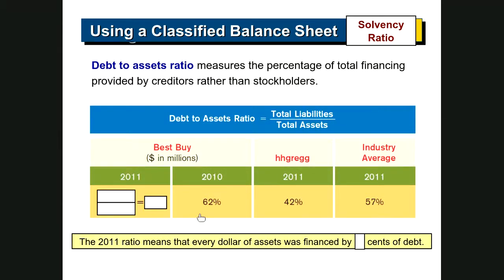So here, the lower the percentage is, the more assets you have compared to your liabilities. This is the total, all short and long-term assets combined together. The more total assets you have, the lower the percentage of your total liabilities to your total assets, the better your position is, the more solvent you are, right?